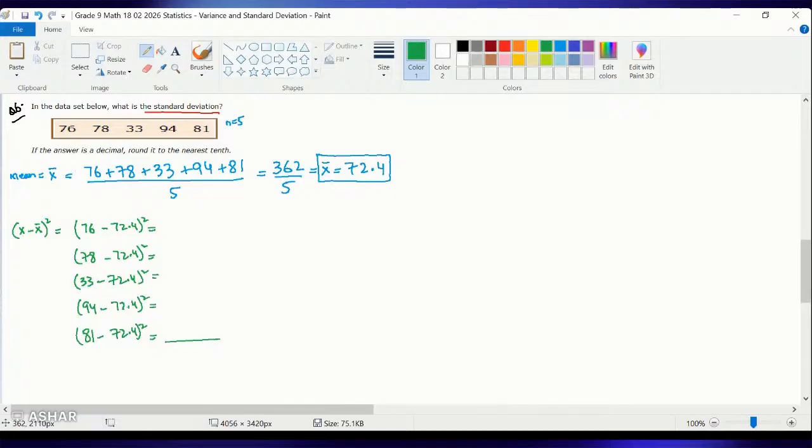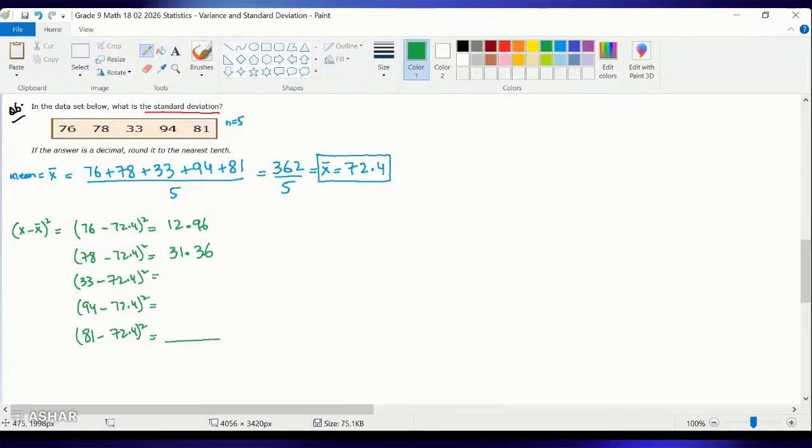76 minus 72.4 comes out to be 3.6. 3.6 squared is 12.96. 78 minus 72.4 is 5.6. 5.6 squared is 31.36. Agreed? Okay. 33 minus 72.4 is negative 39.4.